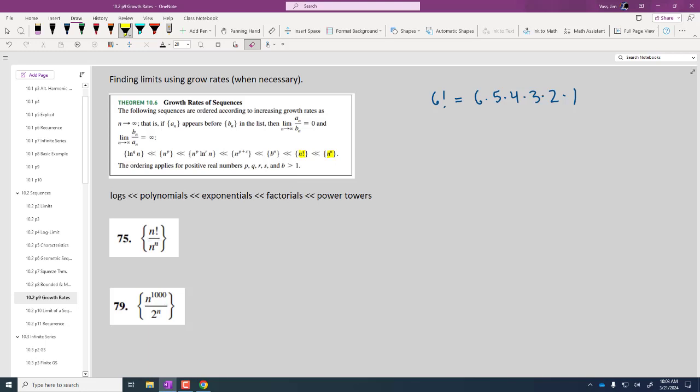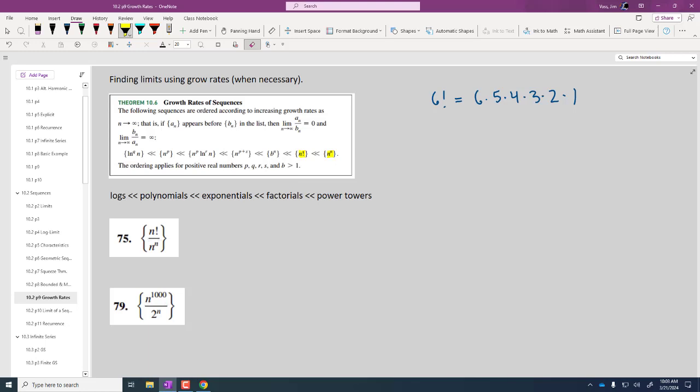For our purposes, we are not going to be differentiating power towers or factorials. But what we need to know is this growth rate concept. Here are the 5 main functions that we're dealing with. They do some oddball stuff where they combine a log with an exponential, but we really don't care about that.